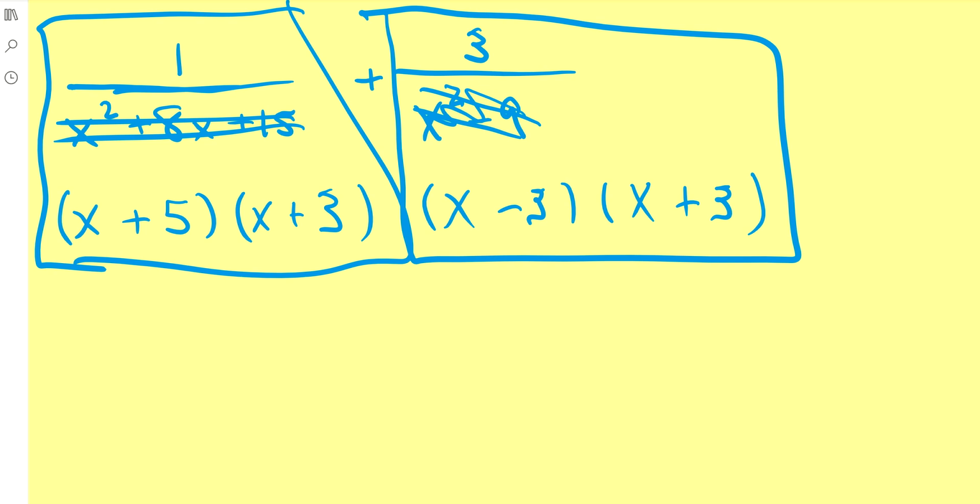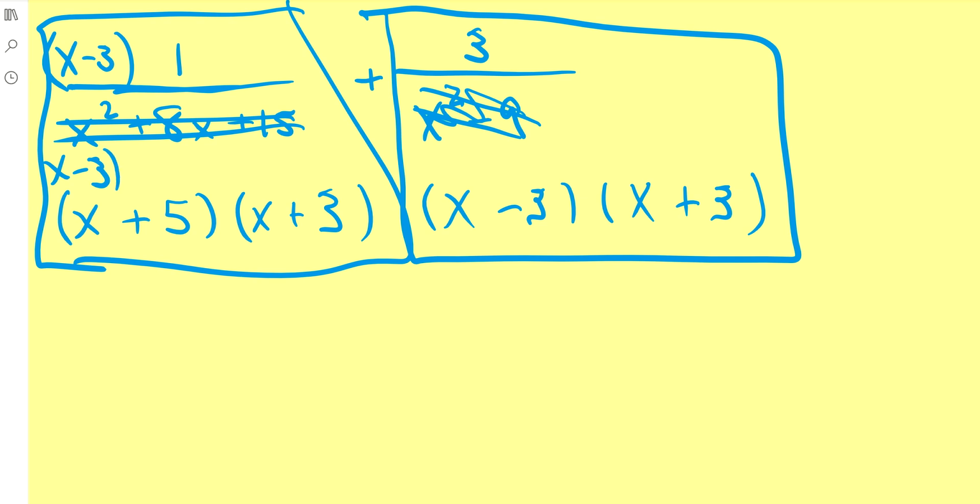And how about it? Now I want to get my denominators to be the same. All right, here I've got an x plus 3, and here I have an x plus 3, but I don't have an x minus 3 on this side. So I've got to multiply the left side by x minus 3, top and bottom. Okay, that's all I want to do right now.